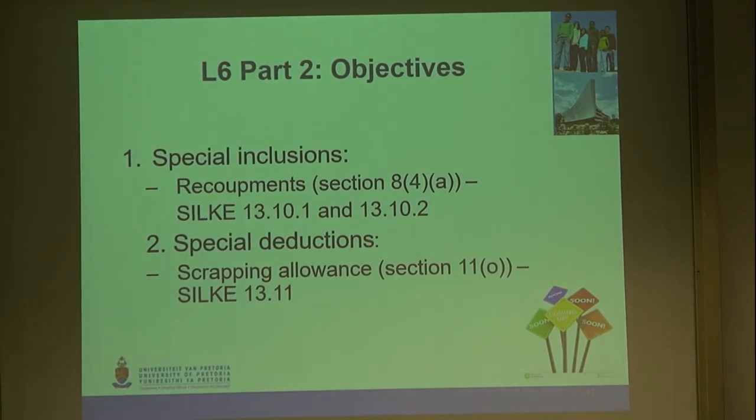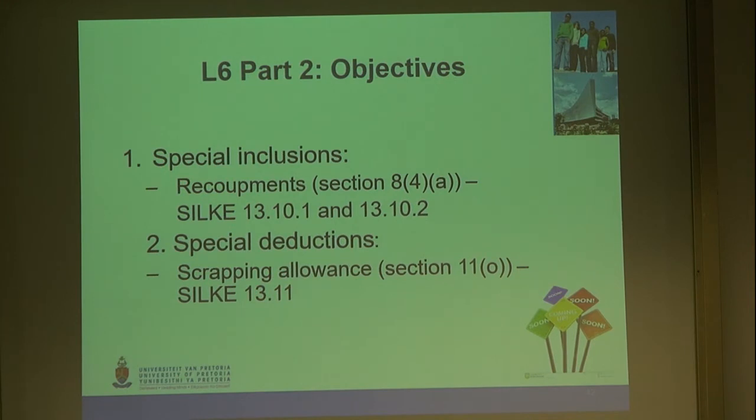Right, so now we're getting on to our recoupments and our scrapping allowances. In this section, we're saying if we have an asset that we've been writing off in terms of our capital allowance sections, when we sell it, just like accounting, where you either make an accounting profit or an accounting loss, you are either going to make a tax profit or a tax loss based on the tax value.